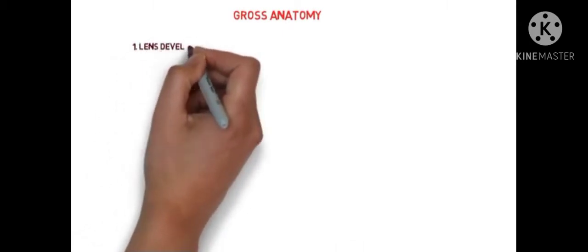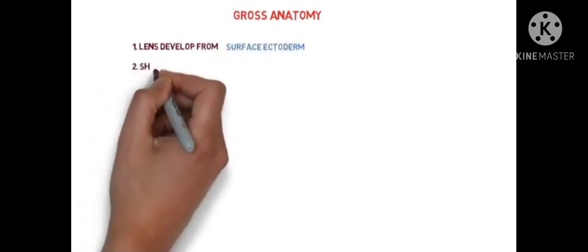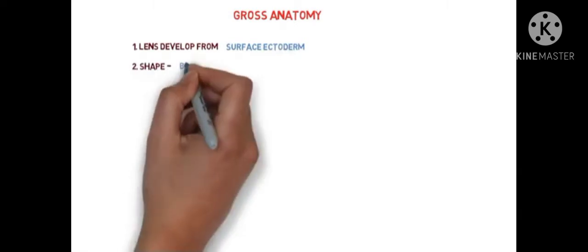And this is very important because before starting cataract, we must know the anatomy of the lens. So here we go. From the gross anatomy of a lens, we must know these 10 points. The first one is the lens is made up of surface ectoderm and the shape of the lens is biconvex.